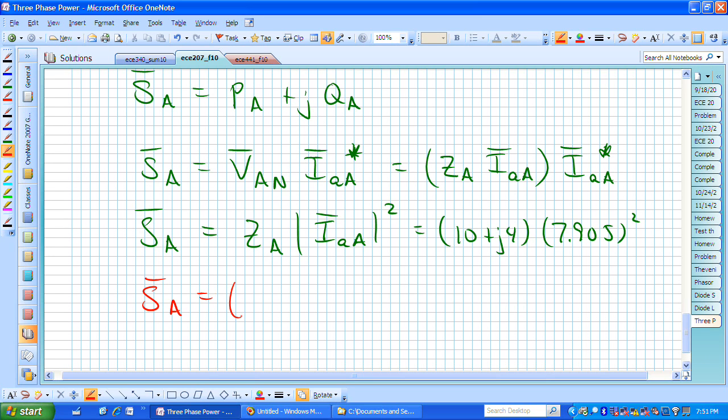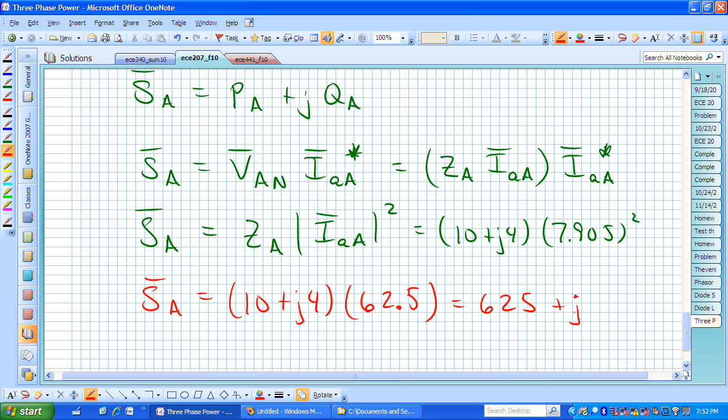Specific numbers lead us to then the square of that almost 8 is almost 64. It's actually 62 and a half, which says that we have a real part, or we have an average power in the A phase of 625 watts.